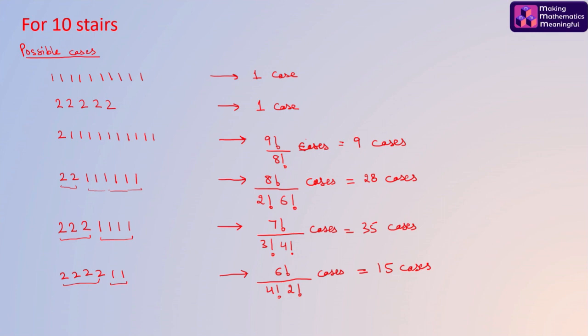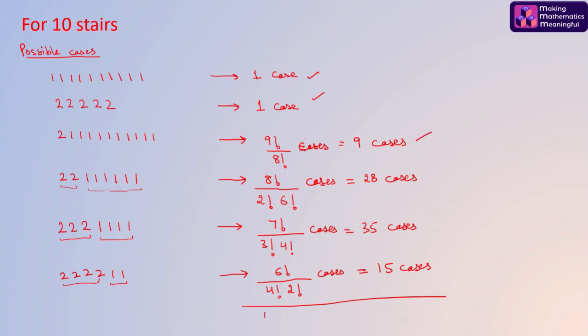Observe that all the possibilities are now covered. No other case is left out. So that simply means we just need to add the total number of cases we have found.